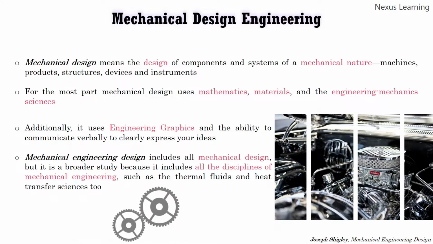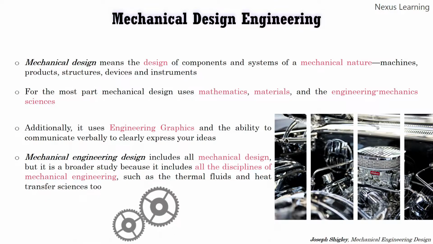Mechanical design means the design of components and systems of a mechanical nature, that is, machines, products, structures, devices, or instruments. For most of the parts, we use mathematics, material engineering, and mechanics. Additionally, we use engineering graphics, which has the ability to communicate things to each other, and there is no language barrier for engineering graphics; it is a universal language.